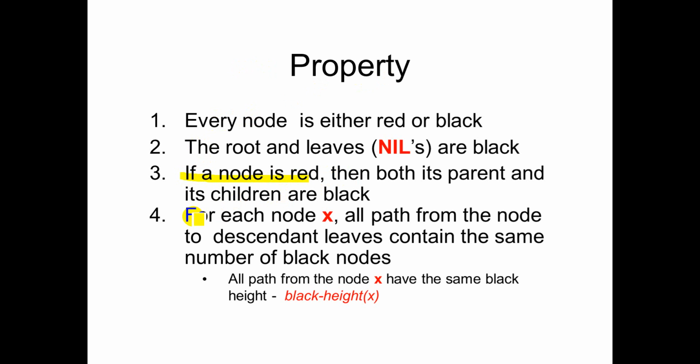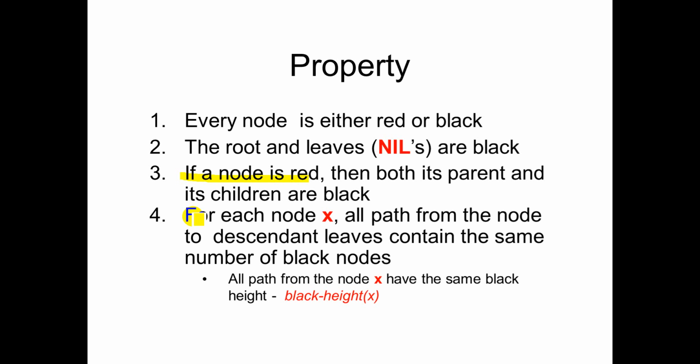For each node X, all paths from the node to descendant leaves contain the same number of black nodes. I am directly reading from the slides, and sorry please. I know it is difficult to capture all the properties in one shot, right? So now let me explain this with the help of some examples.